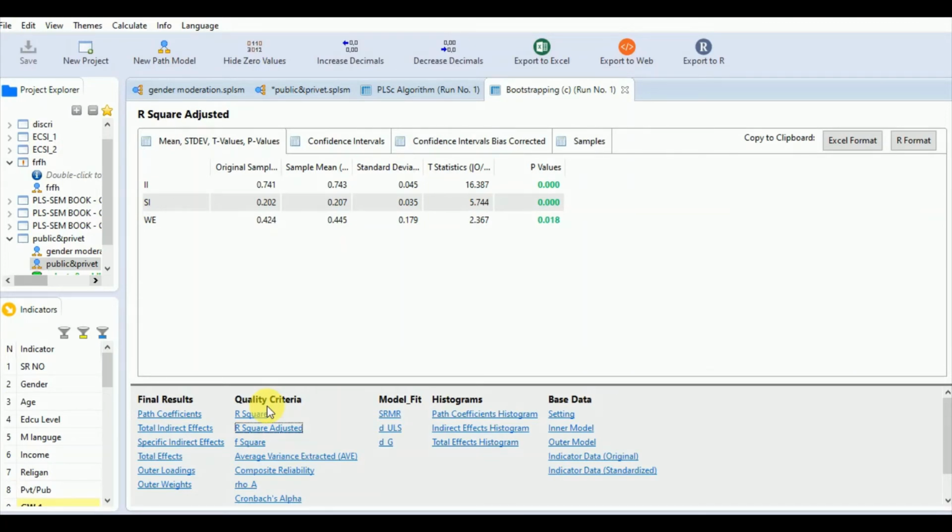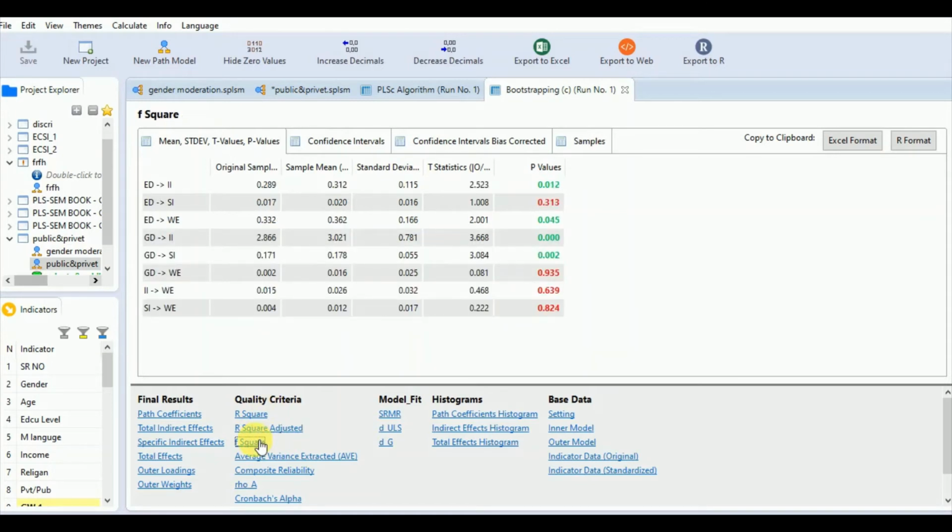After the R-square value, you can go for the F-square values, which show whether the relationship is meaningful or not, and also assess how the removal of a certain predictor construct affects the endogenous construct's R-square value. The F-square effect size is also demanded as per the new APA criteria.